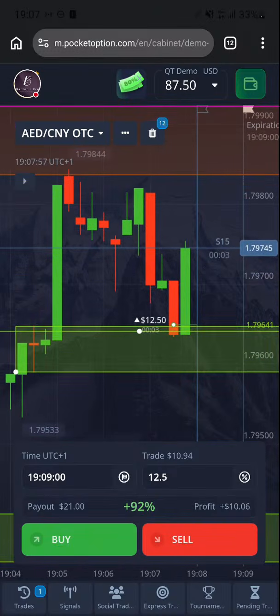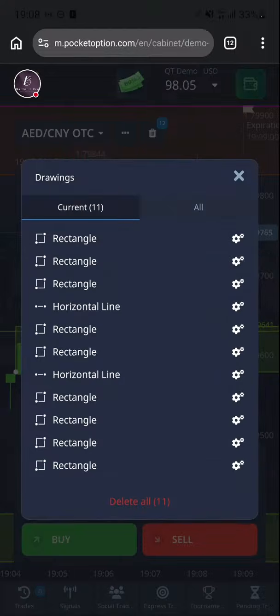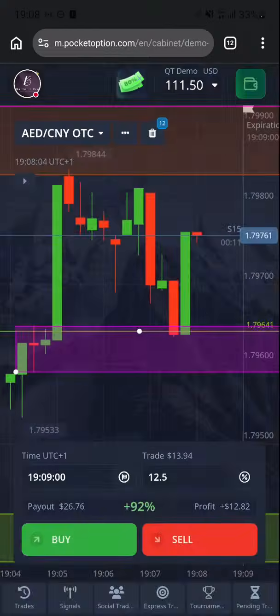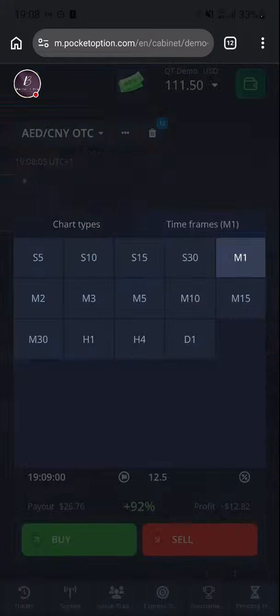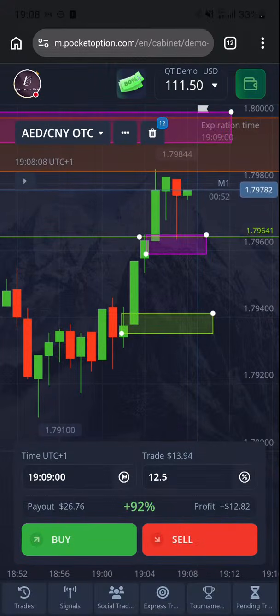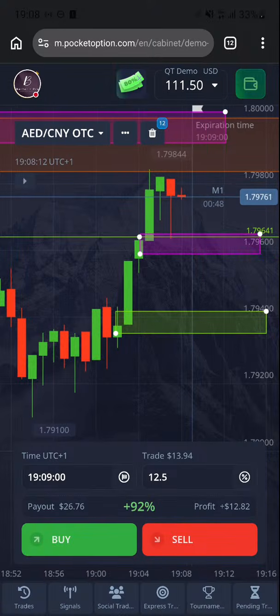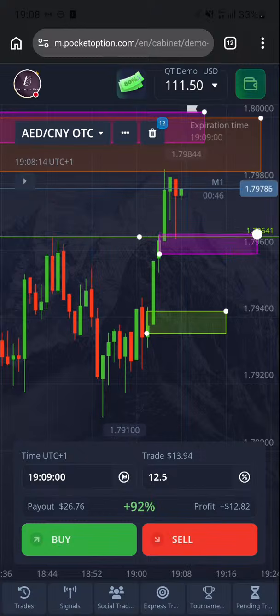So sometimes it's good to just mark everything that you see. It's good to just mark it first. You understand? And if we had decided to just wait for this one alone, we wouldn't have seen this. So sometimes it's good to do proper investigation into the market.